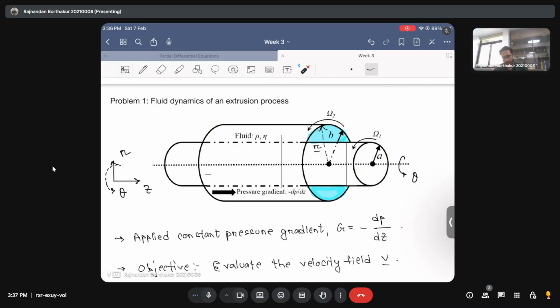Had there been some mechanism that breaks the symmetry along the theta direction, then you cannot use the assumption that your problem is axisymmetric. But for this problem, there is nothing which stops us from asserting that the problem is symmetric if we move around the z axis, or in the theta direction.